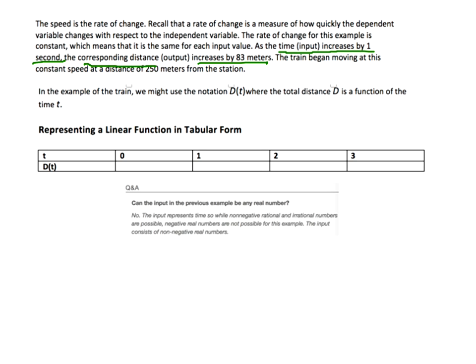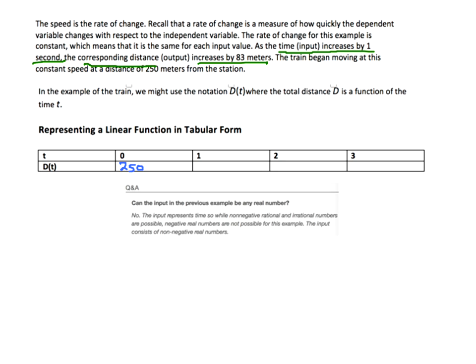So if I want to start filling out this t-d chart, at the 0th second, I was already at 250 meters. And this is when I started saying, okay, 1 second from now, I'll be 83 more meters down the road. Another second from that, I'll be 83 more meters. So this is where that constant rate of change began.